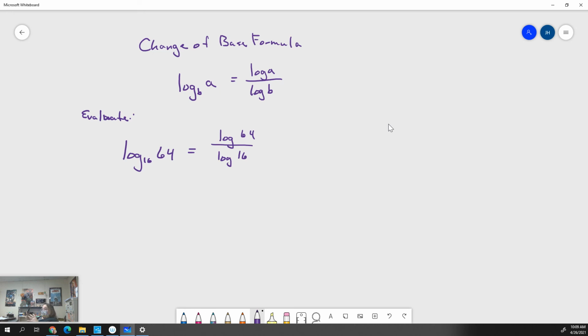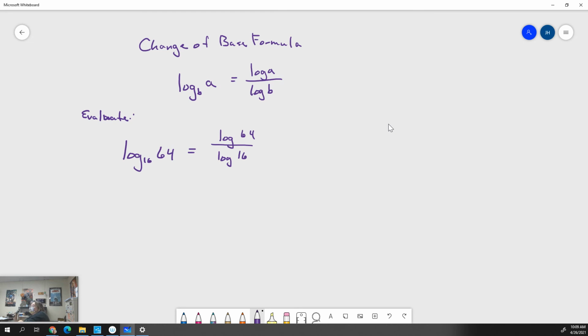And I don't know how much experience you guys have with scientific calculators, but there is always a button that says log. You can see it right there, right under the second. And if I plug that in, it gives me log with a parentheses. And then I could put in 64 and the parentheses.